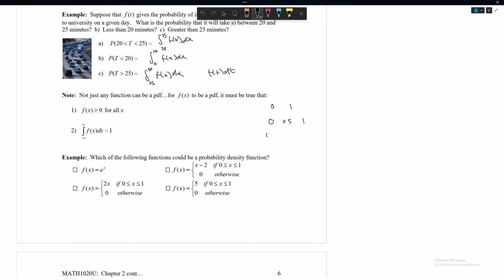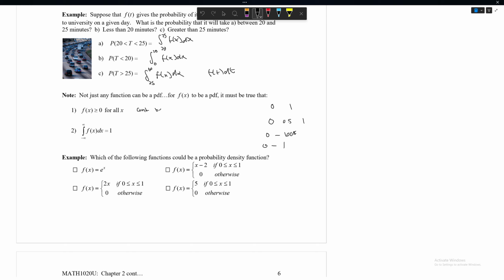So it's between 0 and 100%, or the same thing between 0 and 1. If the function results in anything more than 1 or less than 0, then it can't be a PDF. And so for a PDF, f of x has to be more than or equal to 0 for all x. So that means it can't be negative.